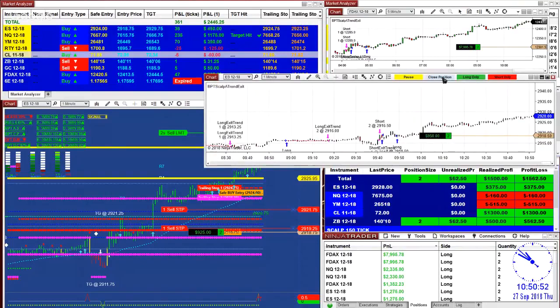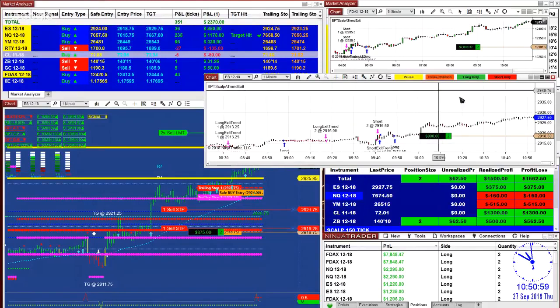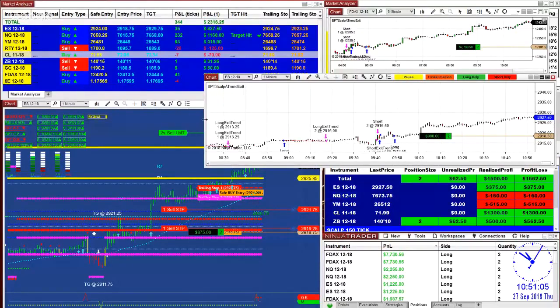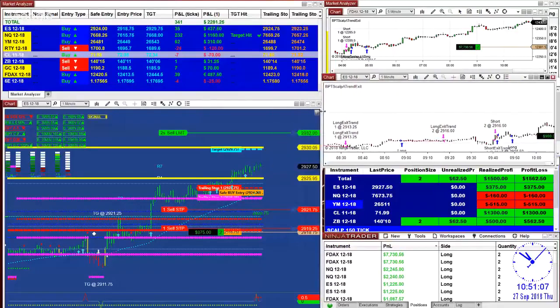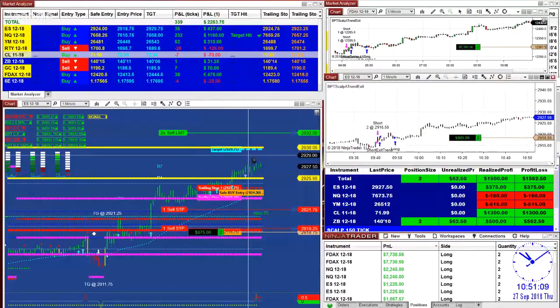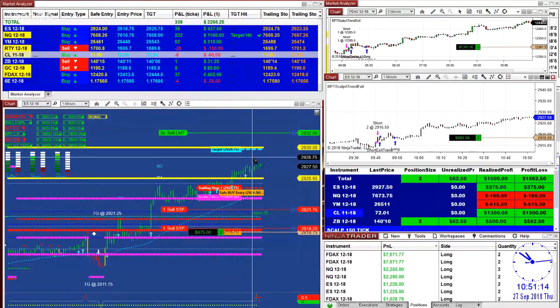You can say close position, and then you can close the position. If you don't want, like right now, the market is not moving, you don't want your auto trade to take a trade right now. You want it to hold on a little bit on the trade.